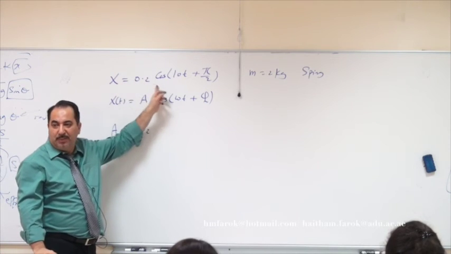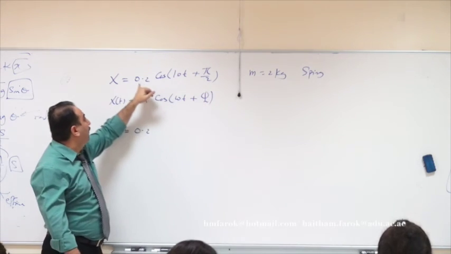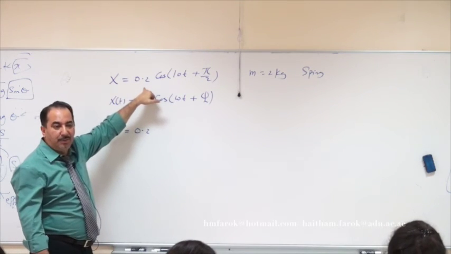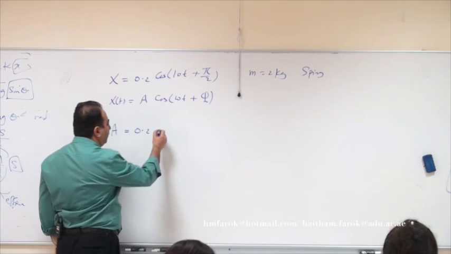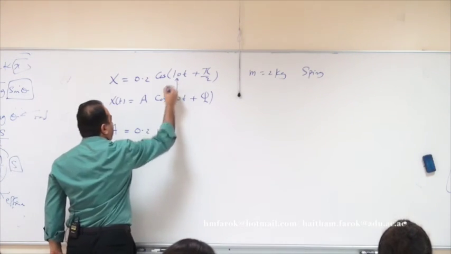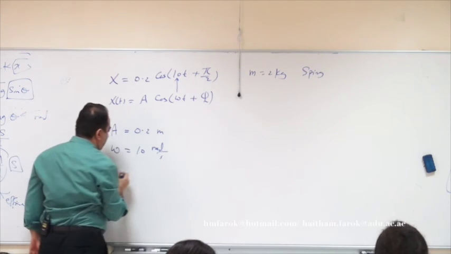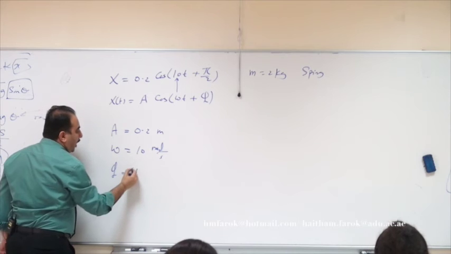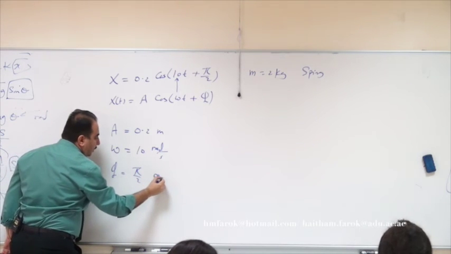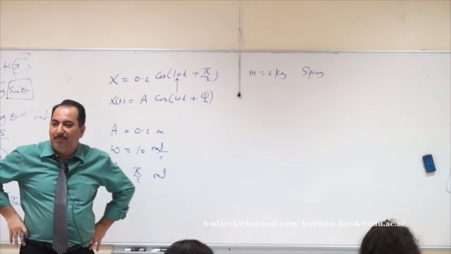If it's centimeter or millimeter, because cosine has no unit, the unit of x is the unit of the amplitude. Here it says meters. Omega is 10 rad per second, and phi is pi over 2 rad. The angles are in rad.